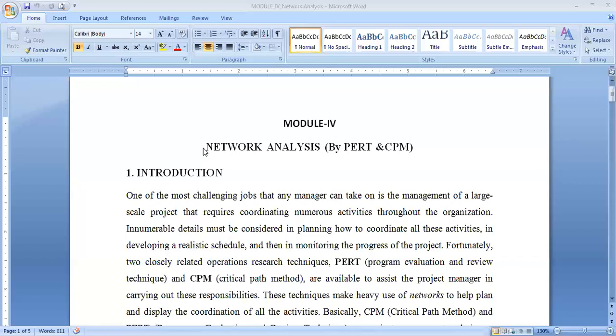Sometimes, if the projects are very large, requiring so many internal and external activities, then that project may take more than 10 years. And some very small projects may complete within 6 months also. So overall, the time taken for completing the project is very high.